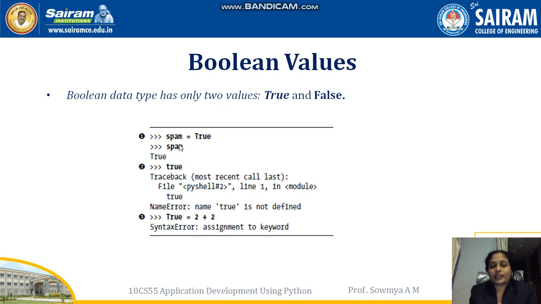If you give spam equal to True and then print spam, it prints True. If you give true in complete small letters, it throws a NameError, and you cannot assign any values to True because True is a keyword.